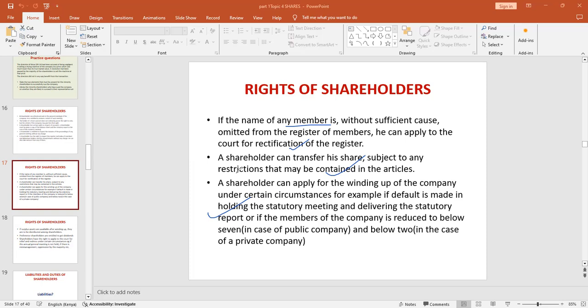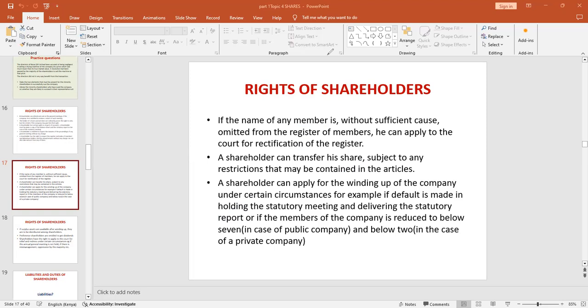So notice, we are saying rights of shareholders, not rights attached to shares. There's a difference here. Do you remember when we talked about rights attached to shares, and we said voting, profit, meetings, and winding up? Remember that part? Yeah.